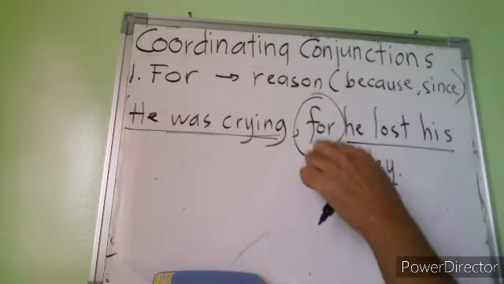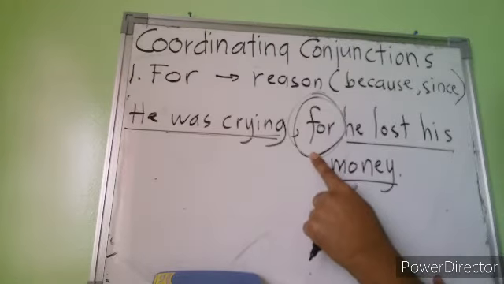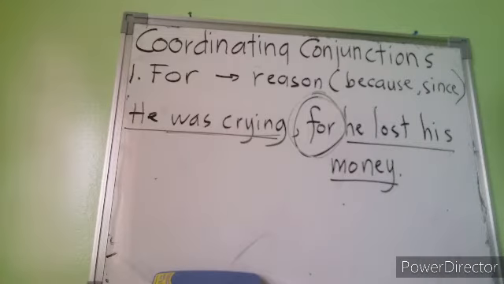Now, basically, for is usually used in formal English. What do you mean by formal English? Like in business English. It's not commonly used in ordinary conversations, like when we talk to our friends, or when we talk to our family members in the house, or we go to the bar or the club and talk to the people there.